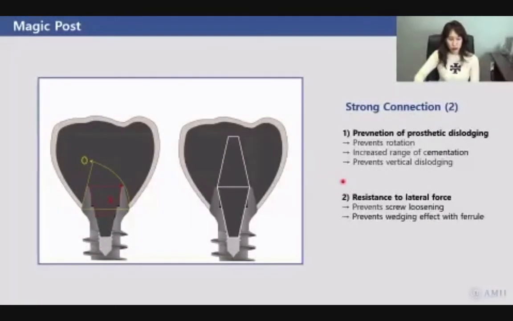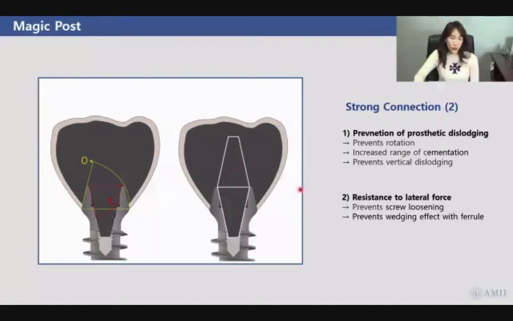Giúp chống lỏng vít. Because no lateral force is directly exerted to the screw. Do là cái thiết kế này đã ngăn các lực theo chiều đứng, theo cái lực sang bên ấy, nó truyền thẳng qua vít, nó không truyền thẳng qua vít được thì nó sẽ không gây lỏng vít.